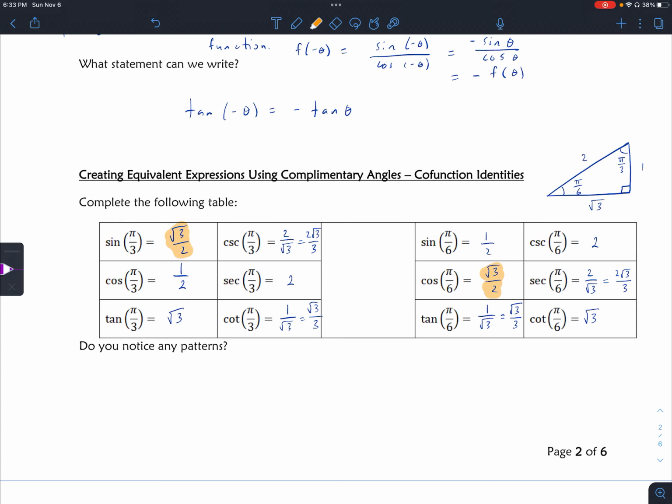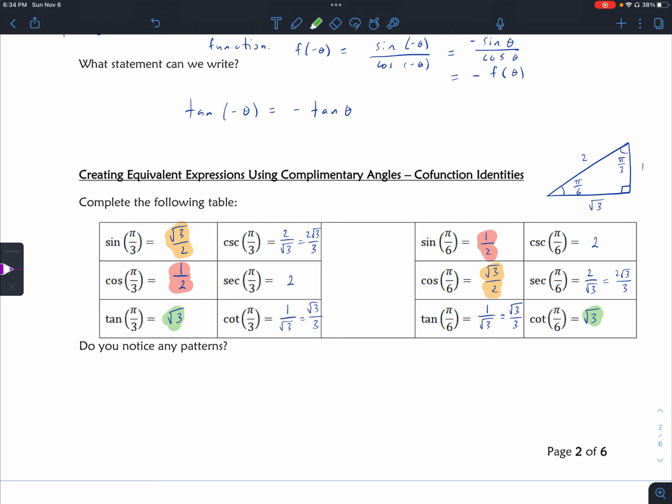Or cosine of pi over 3 is 1/2, while sine of pi over 6 is 1/2. And tangent of pi over 3 is root 3, and cotangent of pi over 6 is root 3.